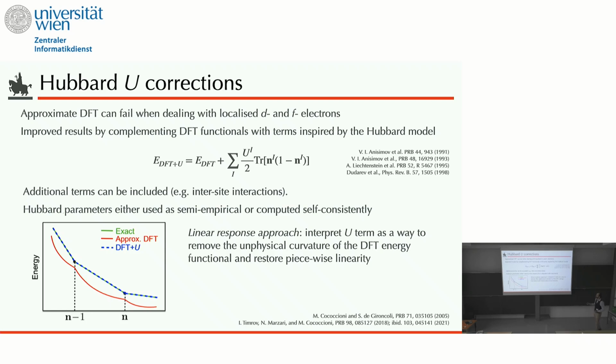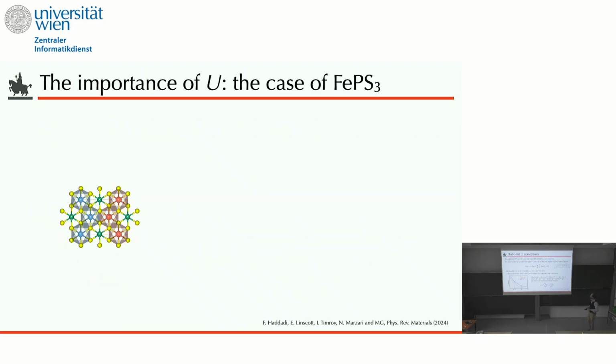And since this term is quadratic, we can use it to kill this spurious curvature and essentially land on top of the exact result. So this U parameter is essentially the curvature of your DFT energy as a function of the occupation of this manifold, or if you want, you need to correct for a non-interacting contribution, let's say.